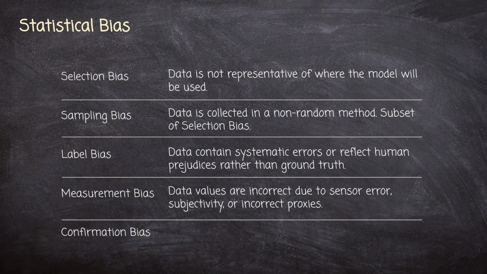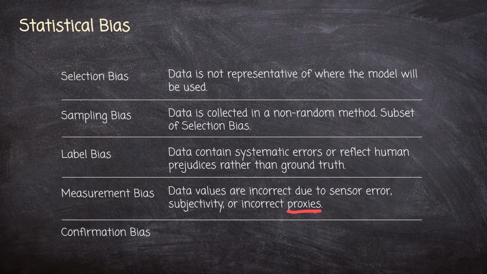Measurement bias is another bias that gets introduced if we have some flaws in how we are collecting that data. Maybe our methodology isn't so great. Maybe we have some sensors out there that are giving off bad data. Or maybe we decided to use one measurement or one value as a representation of some other concept, and that's often called a proxy.